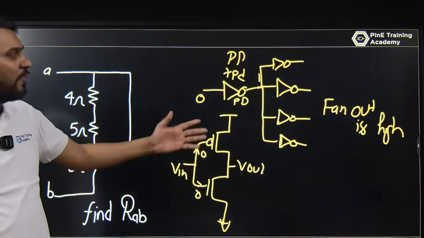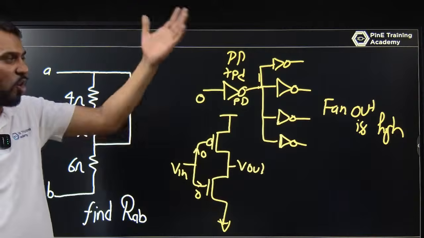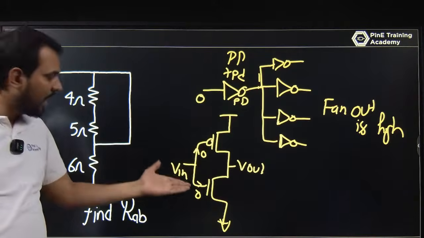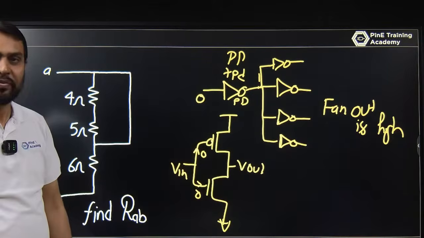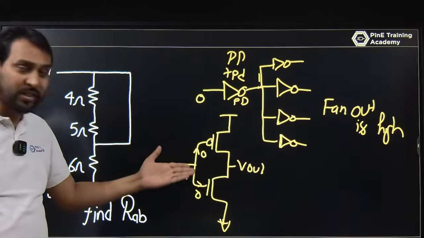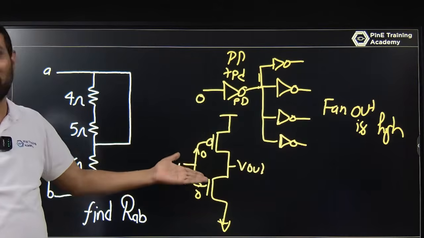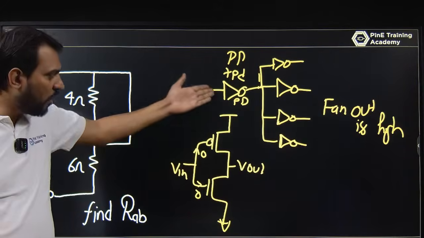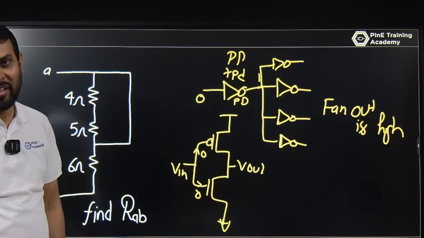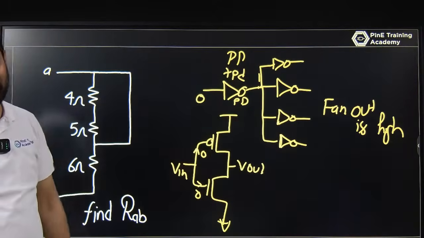We can design an inverter in different ways. The common source amplifier is one of the ways you can design an inverter. You can design an inverter by this only. What is the advantage if you are using this? The steady state power is 0. The output goes from high to low, VDD to 0, meaning rail to rail. The fan out is very high.